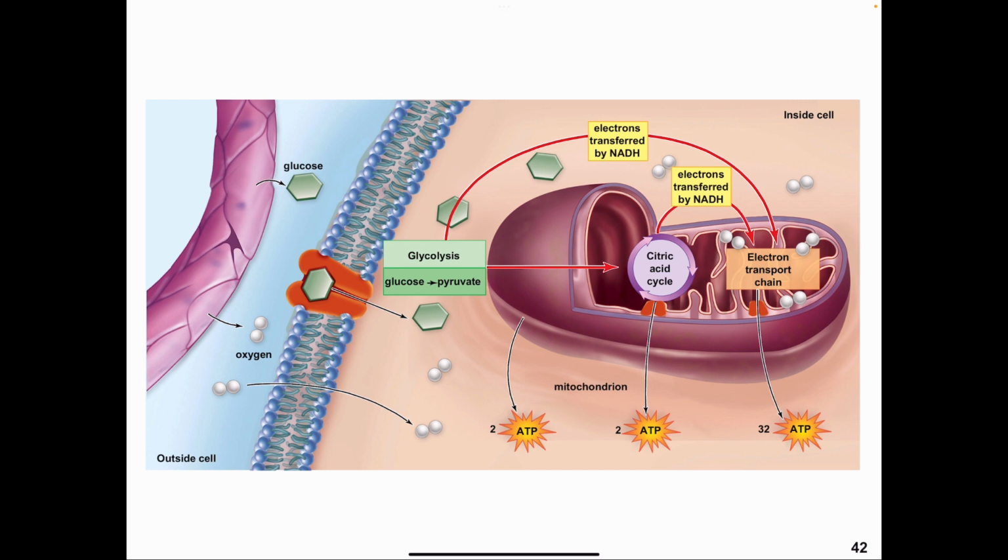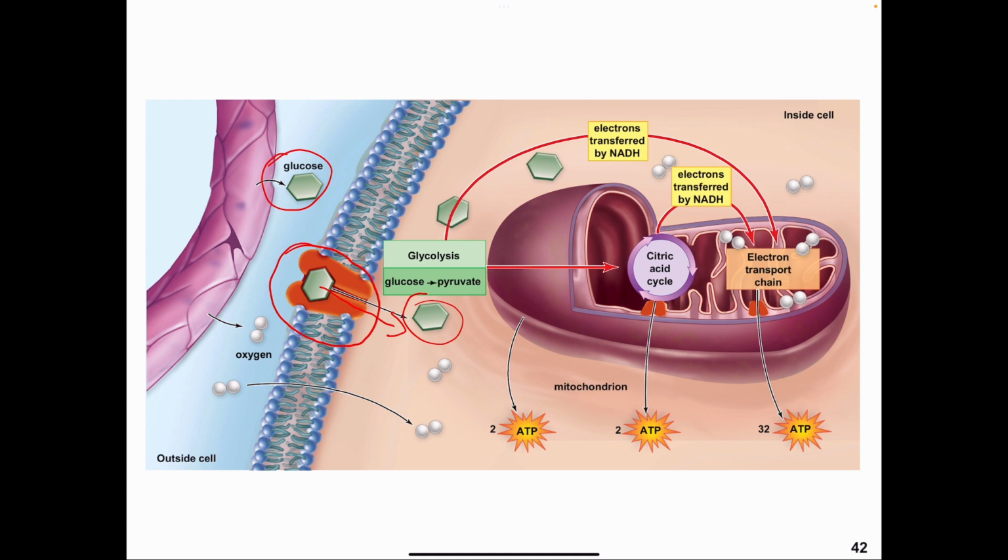Now, say you had a breakfast. You digest your breakfast. Ultimately, you have some glucose in the blood. That glucose is going to leave the blood, and through some transporters here, that glucose gets inside of the cell. That glucose is going to undergo glycolysis.